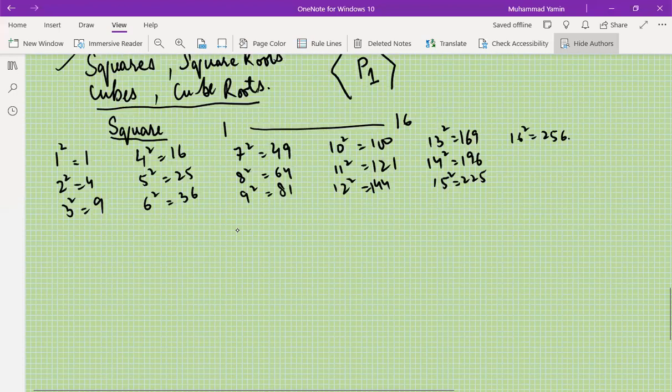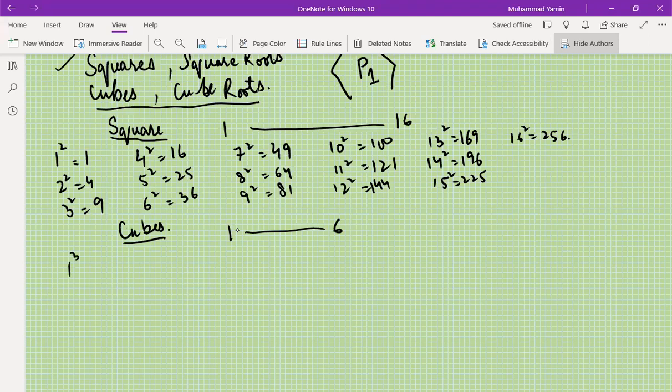Next one, you should memorize the cubes also from 1 to 6. Cube of 1 is 1. Cube of 2 is 8. Cube of 3 is 27.